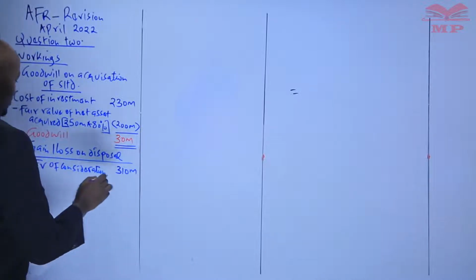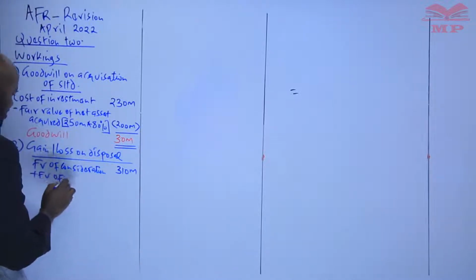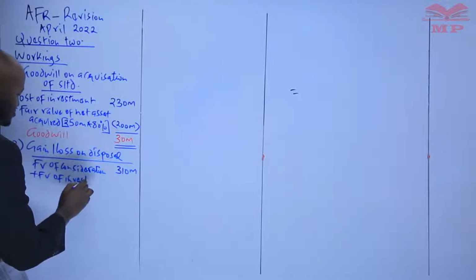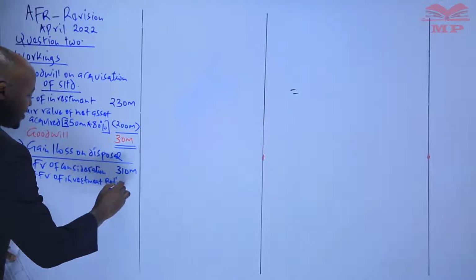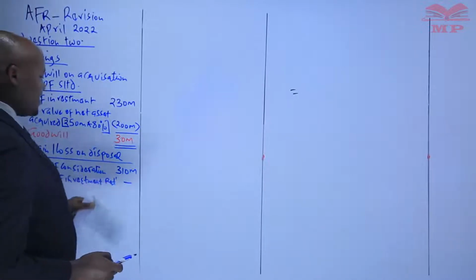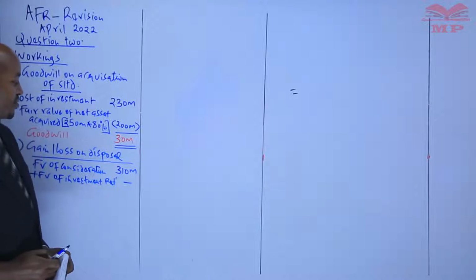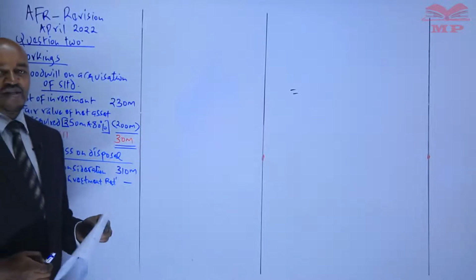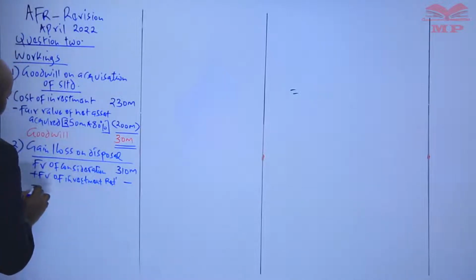To this, ordinarily we add the fair value of any investment retained. But in our case here, this is a case of full disposal, meaning that there was no investment retained. So to this then we less two items. One, we less the parent company unimpaired goodwill.